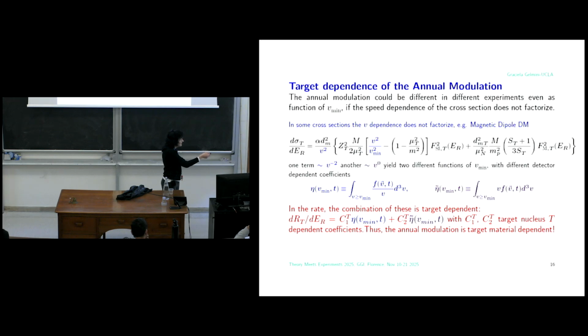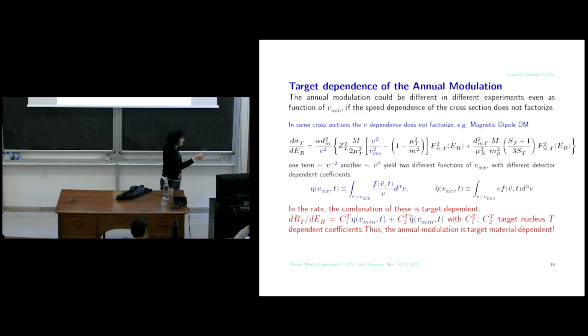But this term is velocity independent, right? So that means that I have two functions when I integrate. One is this eta function, and the other is the integration without the 1 over v squared, so this is the v, the speed, that comes in the flux, in the numerator. Are you with me? Yes? Okay, so you have two.